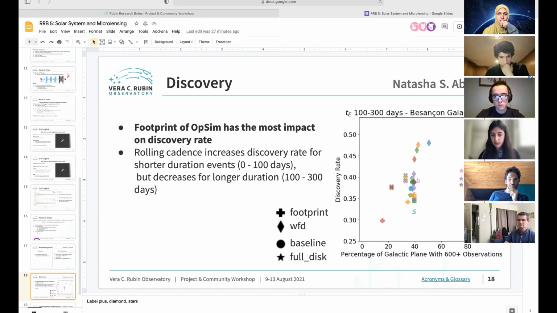And in this plot, each point is a different OPSIM, with each shape being a different family of OPSIMs. Another interesting takeaway is that the rolling cadence increases the discovery rate for shorter duration events, since the entirety of the event can occur within one observation window, but decreases for longer duration events, which might not be covered entirely in that observation window. Next slide, please.